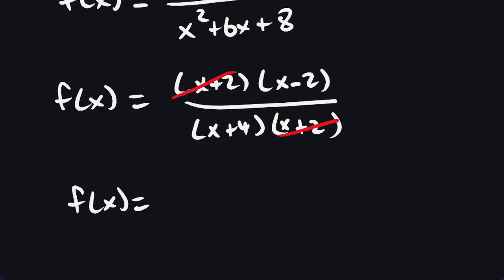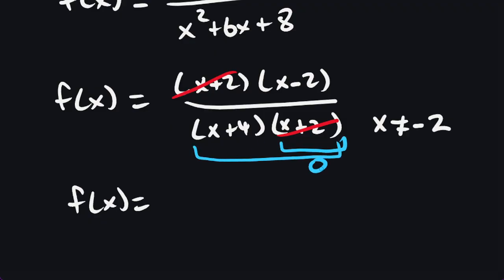Whenever we cancel out something like this in a rational expression when we're simplifying it, we can cancel it out in the numerator and denominator, but we have to be wary that x cannot equal negative 2. Because if x equals negative 2, that would make this 0. And that would turn the whole denominator into 0, which would cause a problem for us.